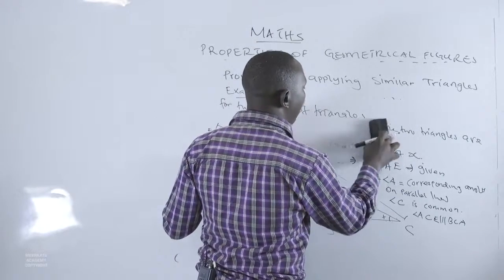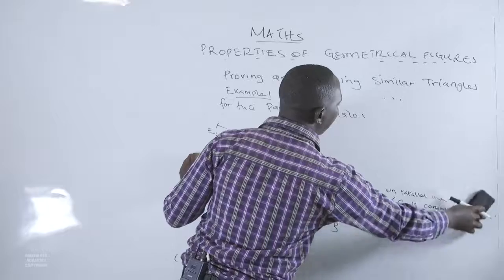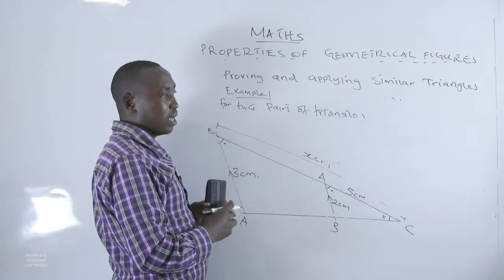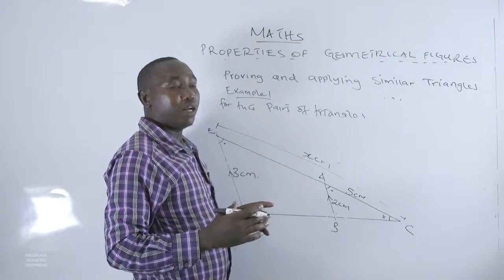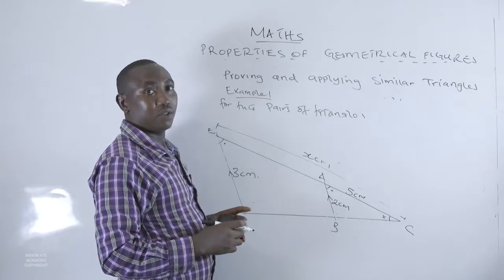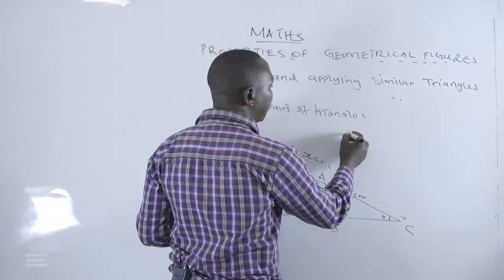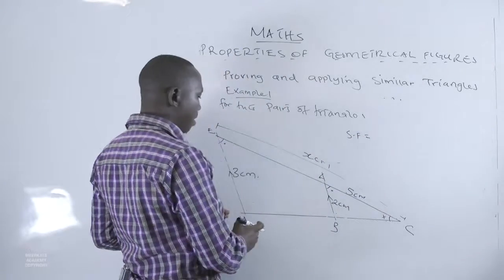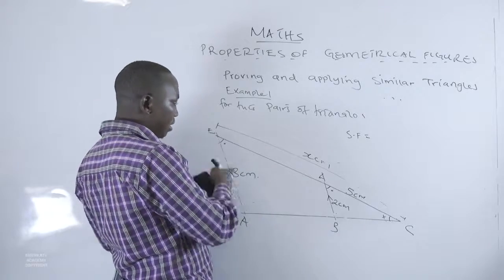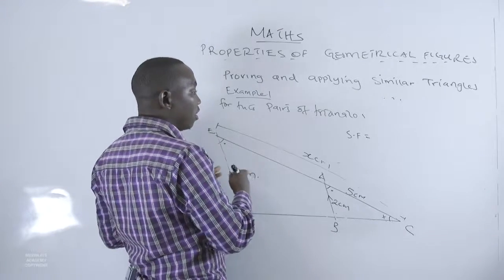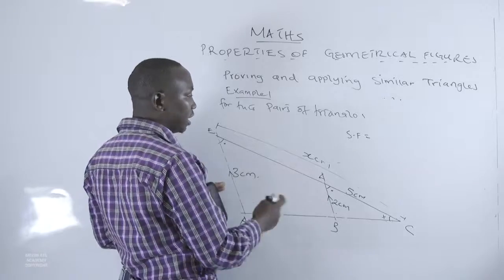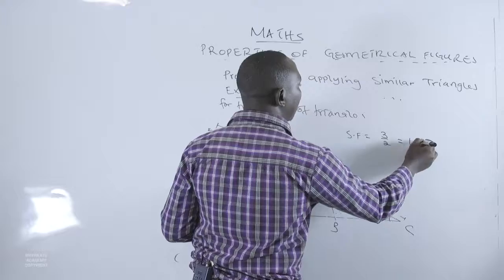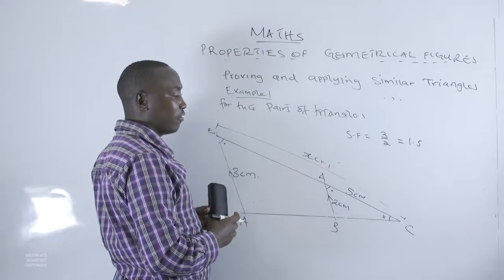Next, we now want to find the value of x. This is our x. We had said that for us to be able to find the value of x, you must first get the scale factor. And the scale factor is normally given by, we can take this as the largest triangle. So one side of these are the corresponding sides. So it will be 3 divided by 2, which will be 1.5.